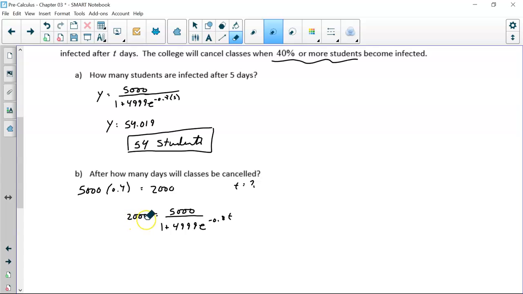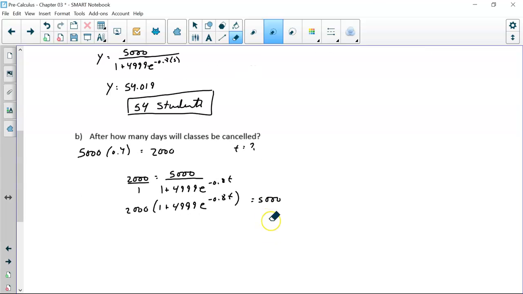So we can make this a proportion. Put the 2,000 over 1 and cross multiply. So you have 2,000 times 1 plus 4999e to the negative 0.8t equals 5,000. So to isolate, I'm going to divide both sides by 2,000.